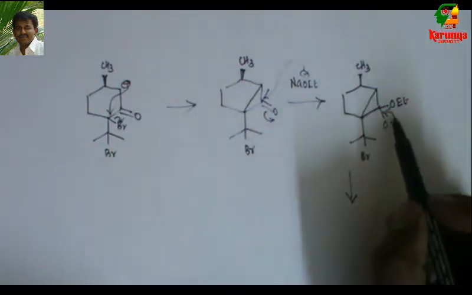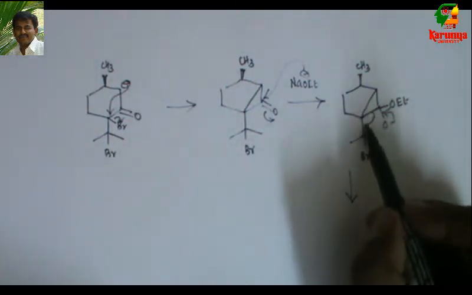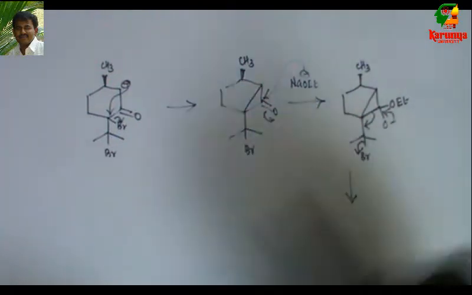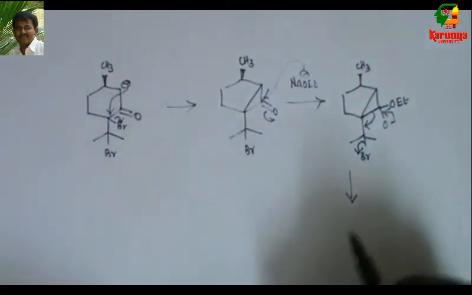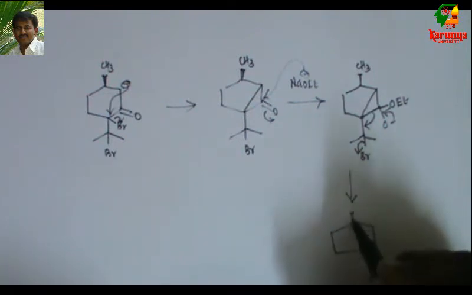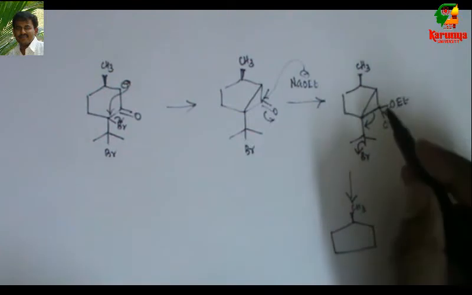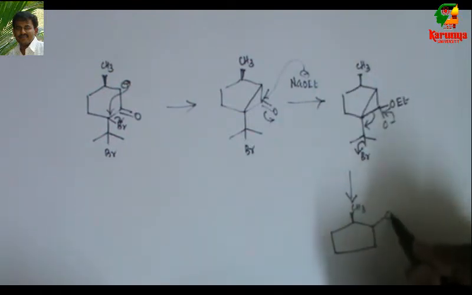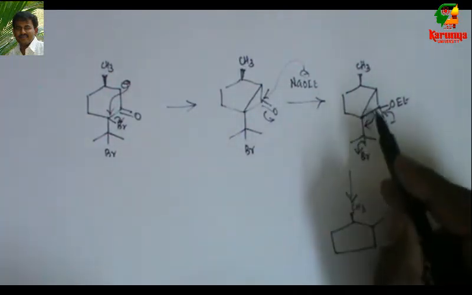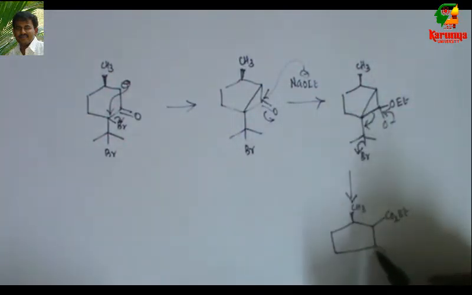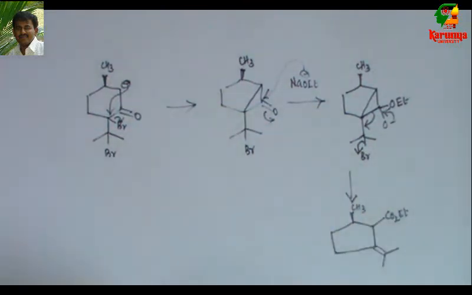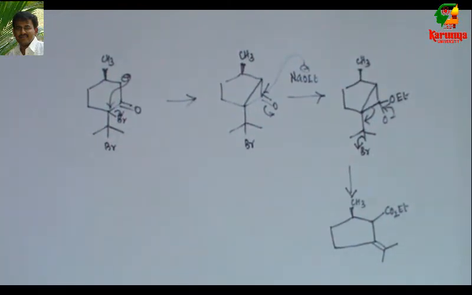That is possible only if this bond goes like this. So what we get is a 5-member ring. Afterwards there should be CO2Et. Then the next one, it should be a double bond like this. So this is the product we get after Favorskii rearrangement.